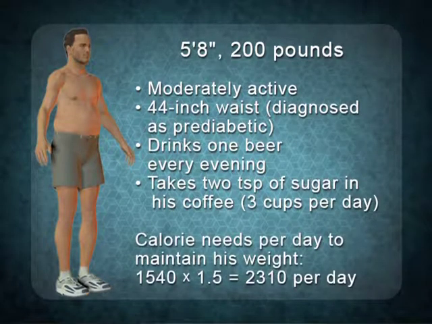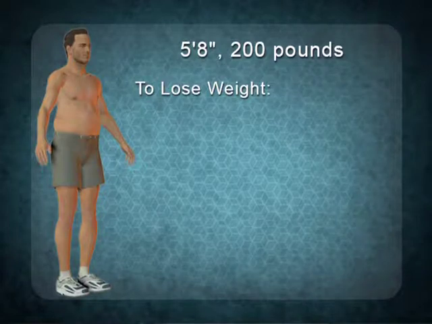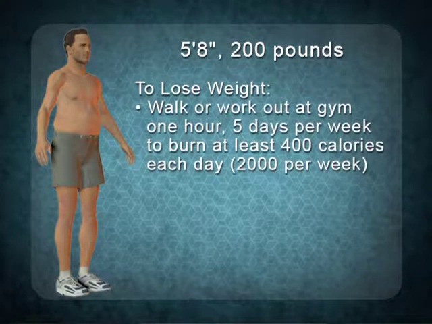The calorie needs to maintain his weight would be about 1540. He's moderately active, so he can add half of that to his total to figure out his total daily calorie intake at about 2,300 calories per day. But to lose weight, he would need to do the following. Walk or work out at a gym 1 hour, 5 days a week.